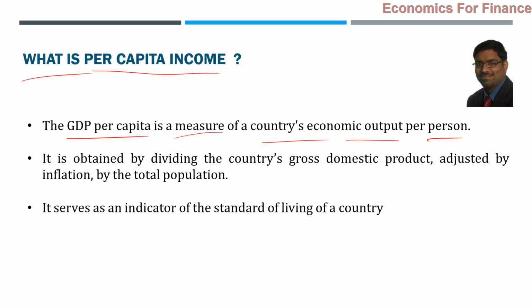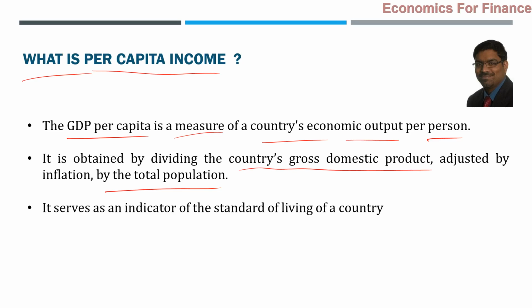How to calculate per capita? Simply divide the country's GDP by total population. So GDP of the country divided by total population is nothing but GDP per capita. I want GNP per capita, no problem. GNP of the country divided by population.